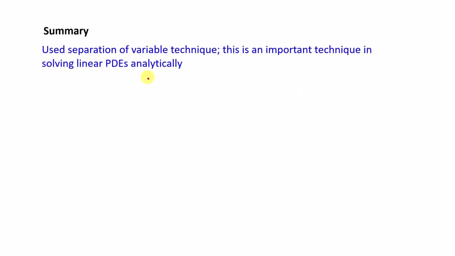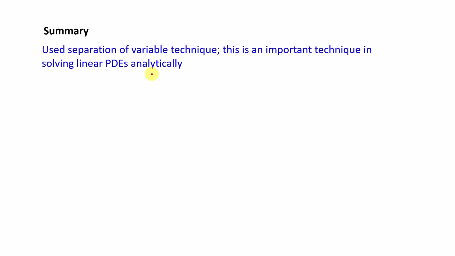To summarize, we have used the separation of variables technique. This is an important technique, but if you have a problem understanding what we did, you can skip this, but remember the last part. That will be useful. We will keep on using this. Try to understand the expression physically, what is happening.